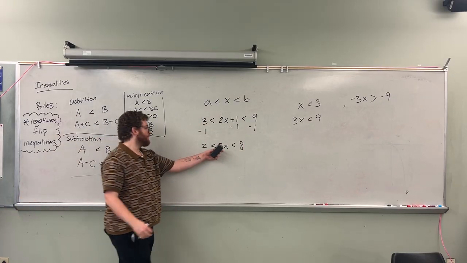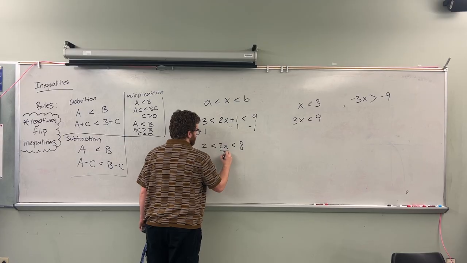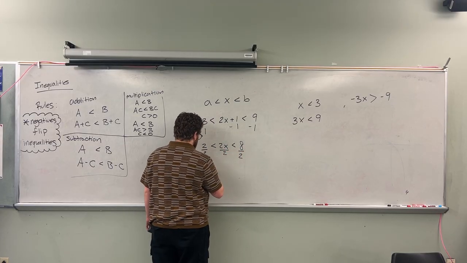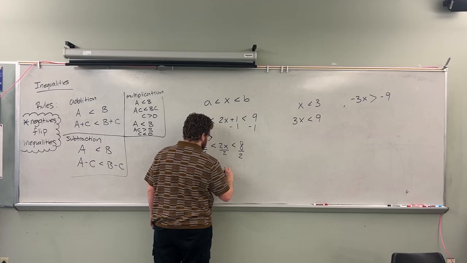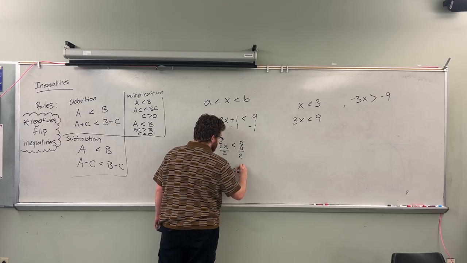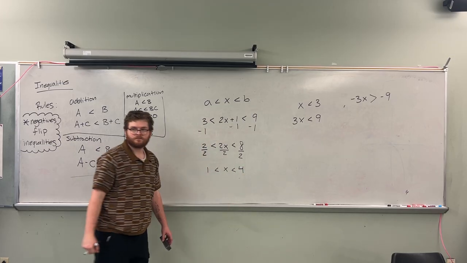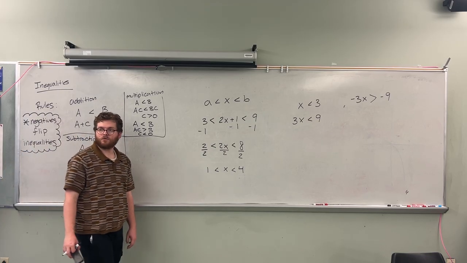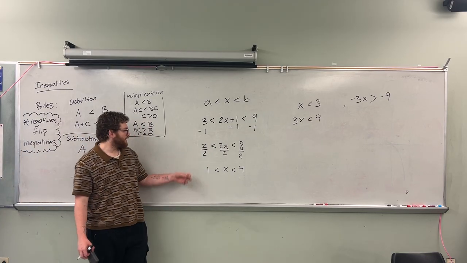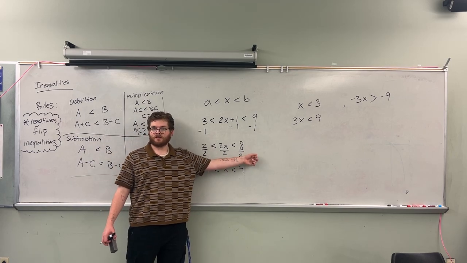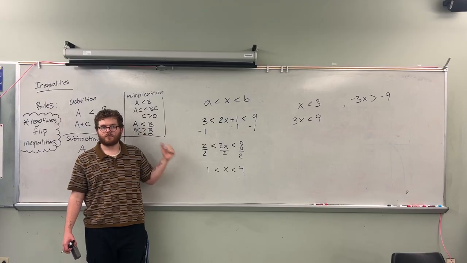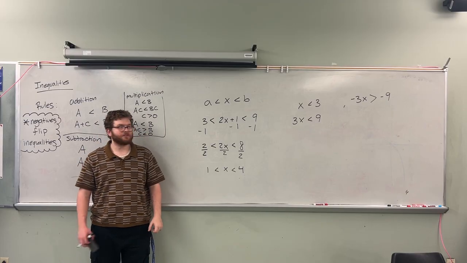And then now I want to divide by 2 in the middle, so I have to do it on the left and the right as well. And I have 1 less than x less than 4. When we have compound inequalities, we always write it smallest to largest, and the arrows always point towards the left, because that satisfies smallest to largest.